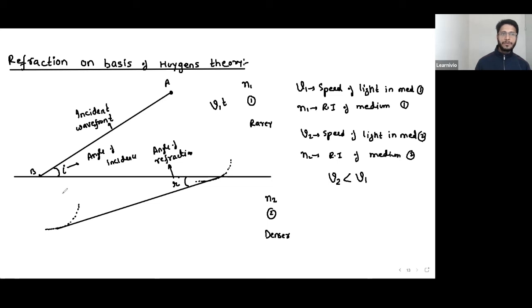The radius of the wavelet here is V2 into T, because in the second medium, the speed of light is V2. Now, you have to draw rays. So to draw rays, just draw the normal. So this is the first ray, the incident ray. This is again the incident ray.